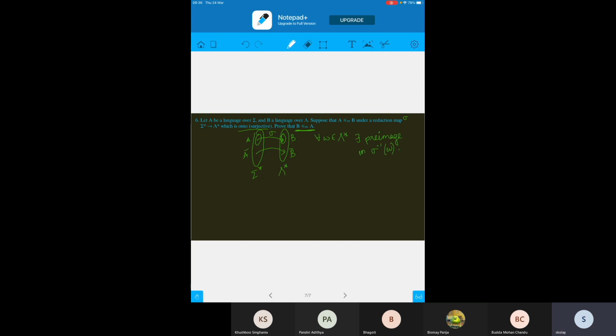Because I'm satisfying yes in A if and only if yes in B, and no in A if and only if no in B. If I just could calculate one pre-image for sigma inverse W, then I would get some pi which maps from chi star to sigma star, and the idea of pi is that every W will be mapped to a pre-image of W, some pre-image that we have identified.